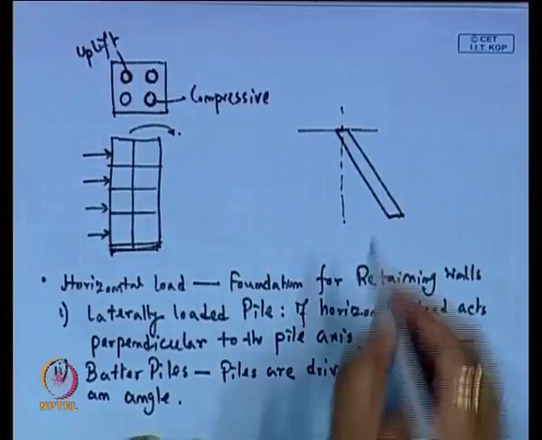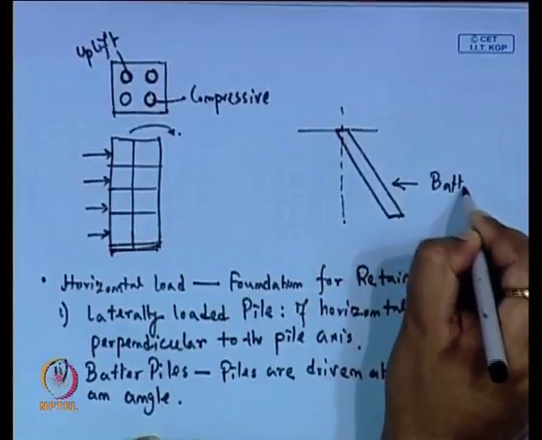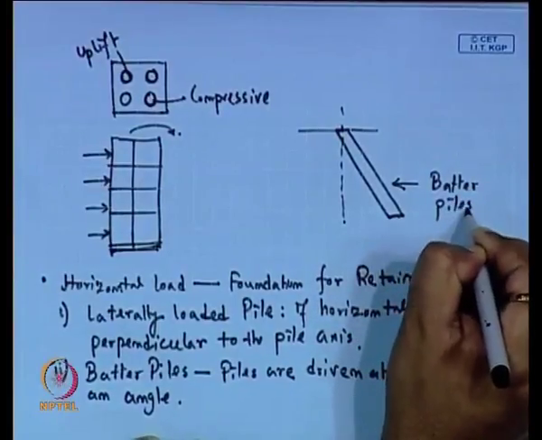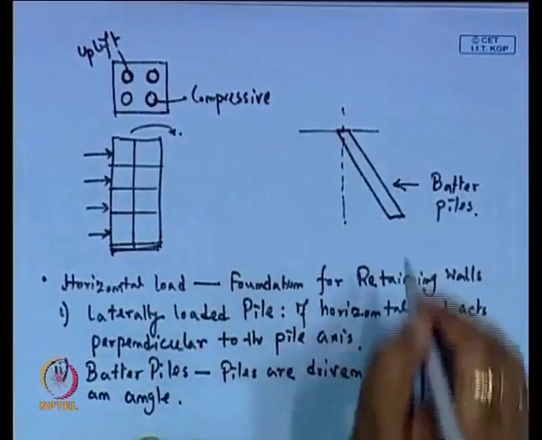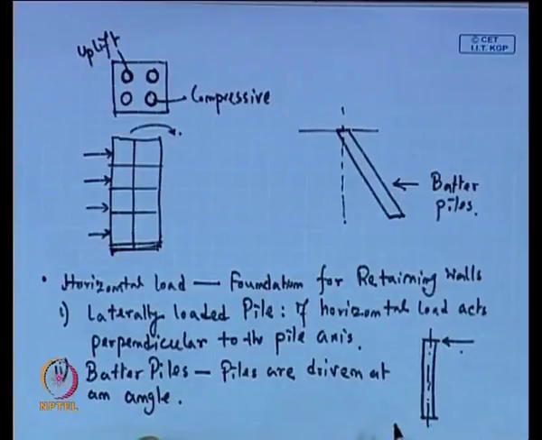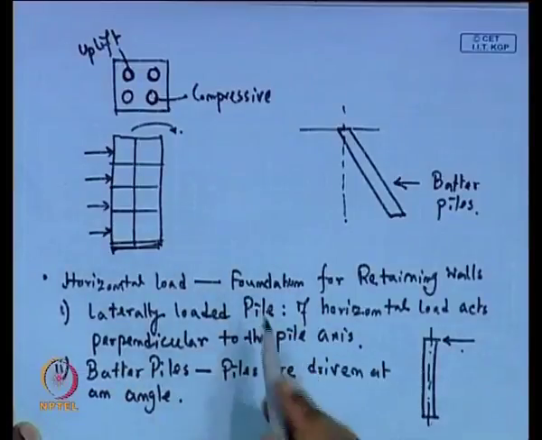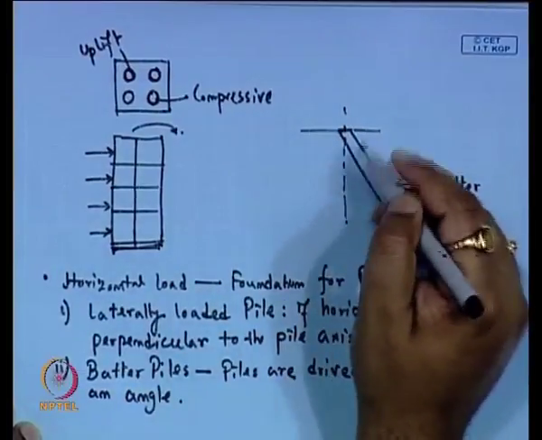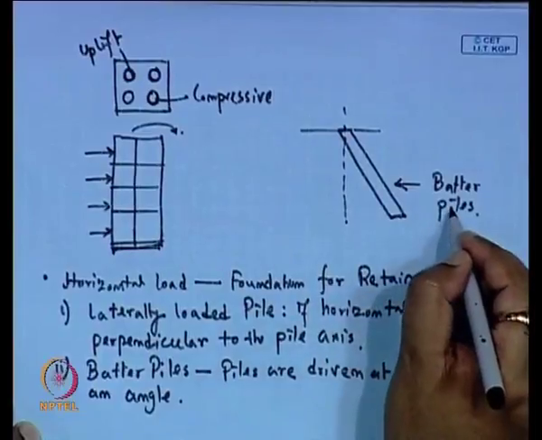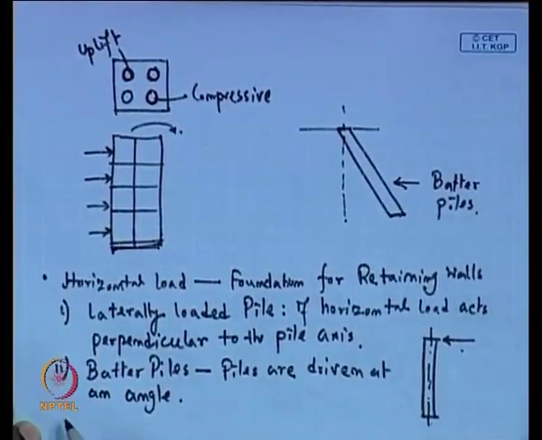These are called the batter piles or inclined piles, to resist the inclined load that is acting. Here this load is inclined, so it is not perfectly perpendicular to the axis, it is somehow an inclined load. To resist this inclined load, we can sometimes use this pile, which is called the batter pile or the inclined pile. The next one is the compaction pile.